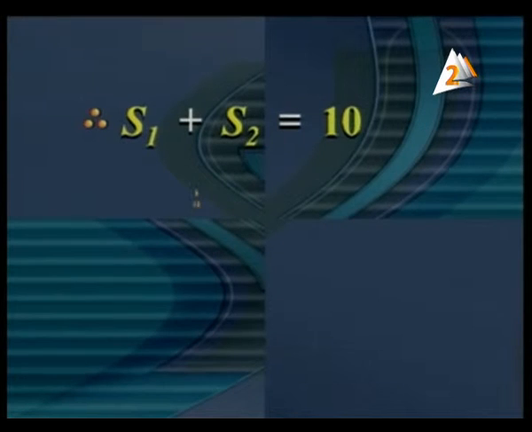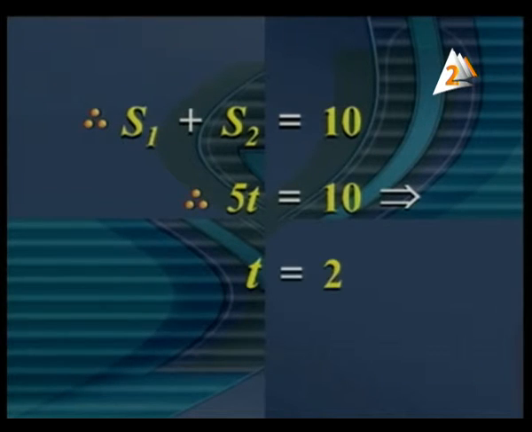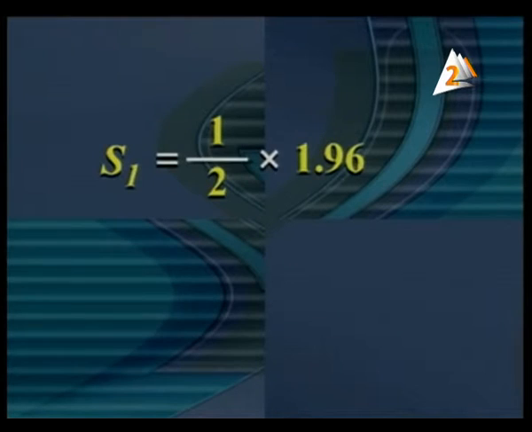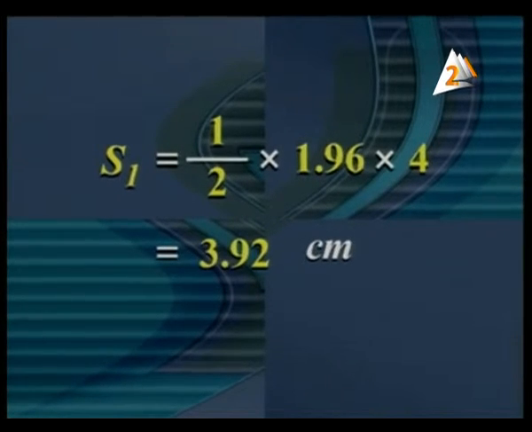Therefore, S1 plus S2 equals 10, then 5t equals 10, meaning t equals 2 seconds. So S1 equals half times 1.96 times 4 equals 3.92 meters.